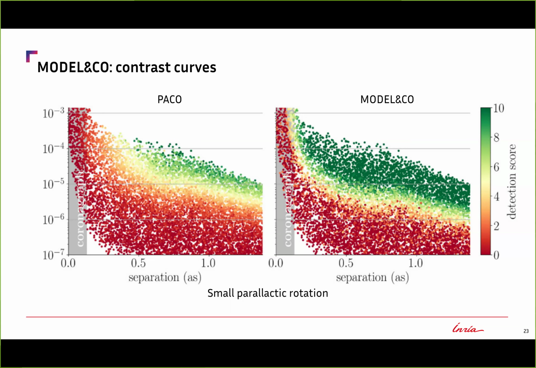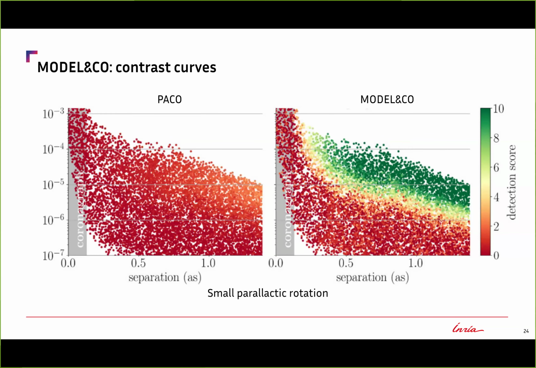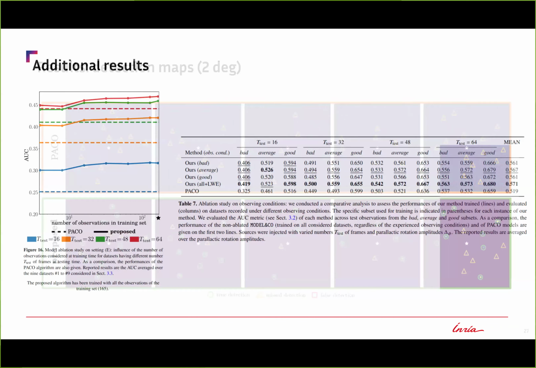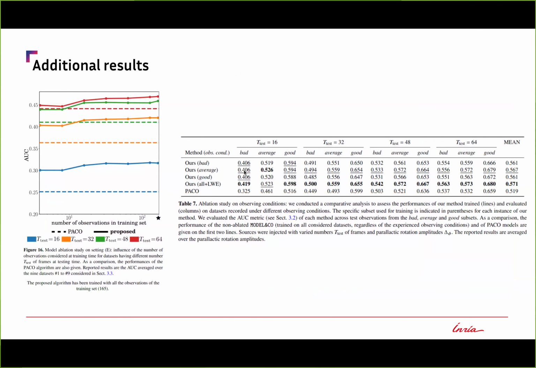Do you also have a false detection rate score somewhere? I might have missed it. So the false detection rate is embedded into the detection score. Basically, this is the score of ROC curves, so it's the area under the curve, and it also aggregates the false detection rate.